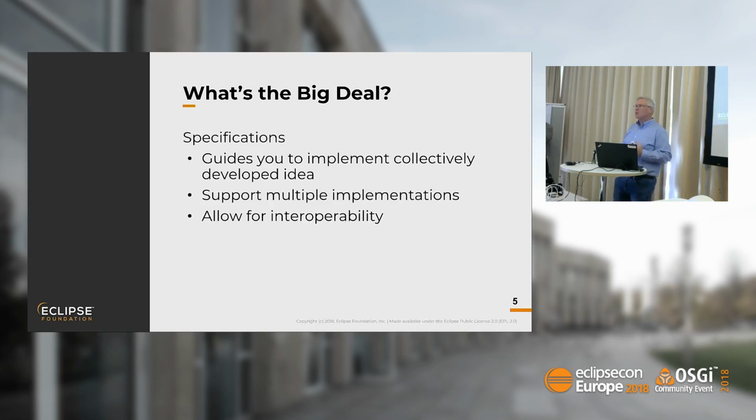The whole spec process is specifically designed to enable multiple implementations. And as soon as you have multiple implementations, interoperability between those implementations becomes a thing, and that is done through spec processes.